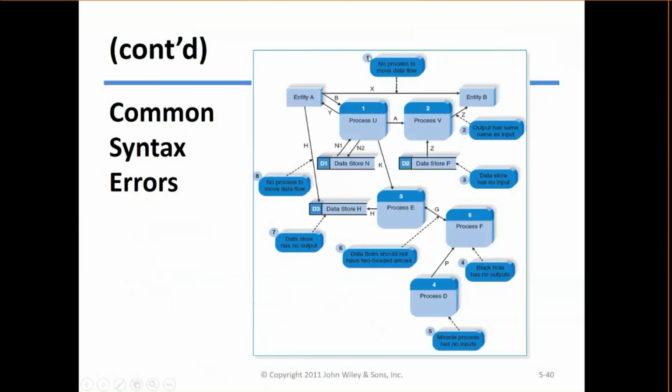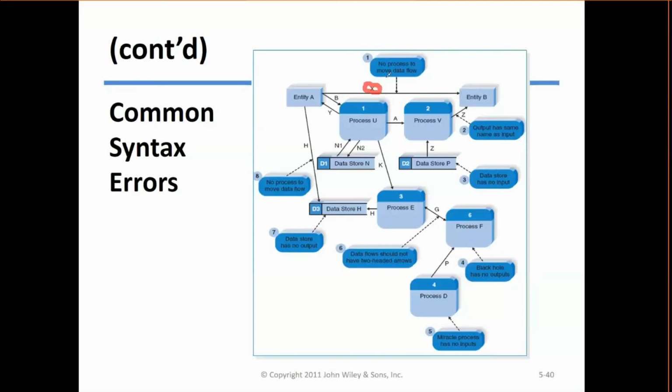This process diagram shows all the mistakes very nicely. You see, all the numbers are mistakes. In number one, what is the mistake? You see the input X is not going through any process and becoming output.